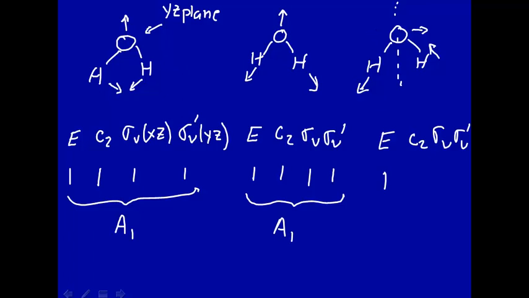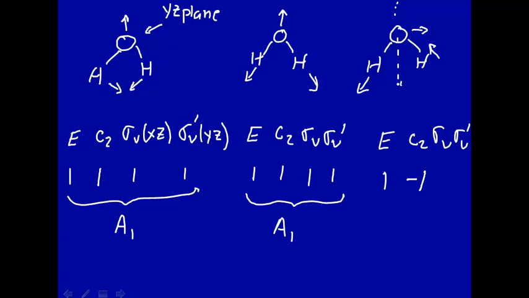This vector, which is pointing this way, will now point that way. This vector will point up. So the direction of these vectors after the 180 degree rotation will be changed. Instead of pointing right, it will be pointing left. This one, instead of going up after rotation, will go down, and this one, which is now going up after rotation, will go down. So that's a -1 in the character table.